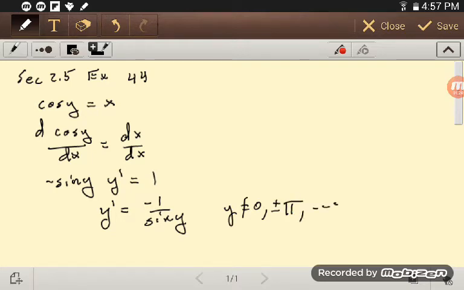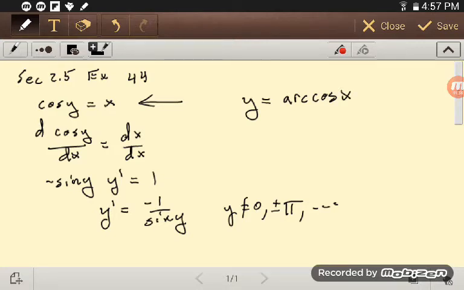Okay. Now, though, when would that happen? Well, we have to go back up here and try to determine that. And so we've got a couple ways to do that. One way is I can look at this and say, well, y is arc cosine or inverse cosine of x.